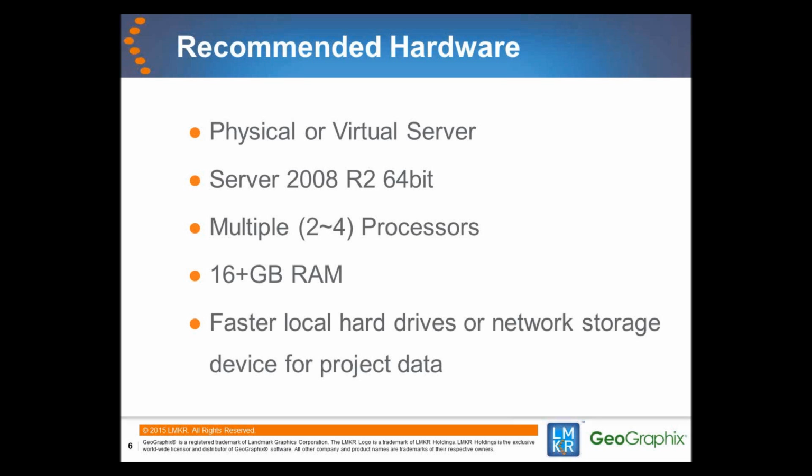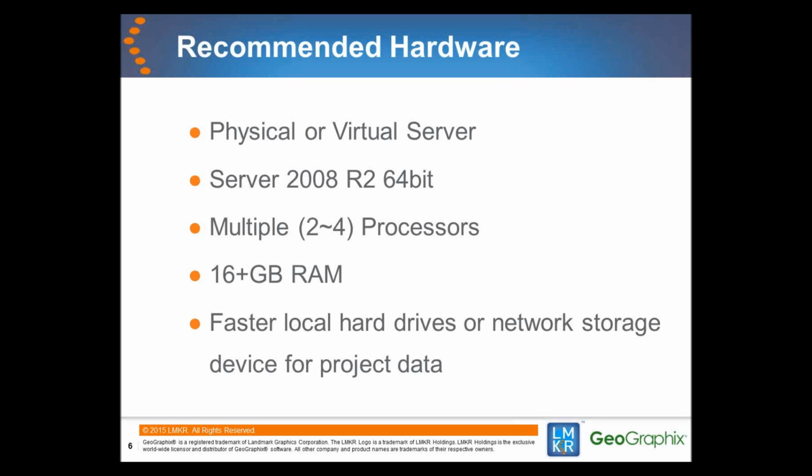But in general, we typically recommend a server with multiple 2 to 4 processors, probably 16 or more gigs of RAM, and fast local hard drives if the projects are going to be located locally on the server, or a network attached storage device.